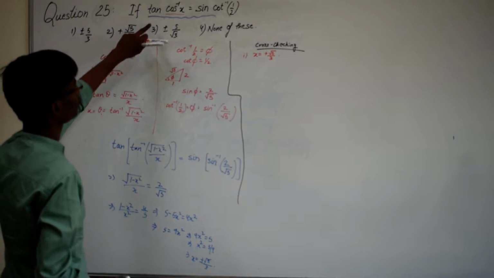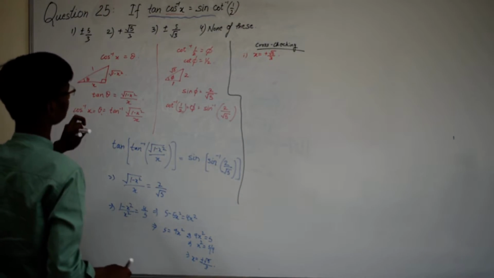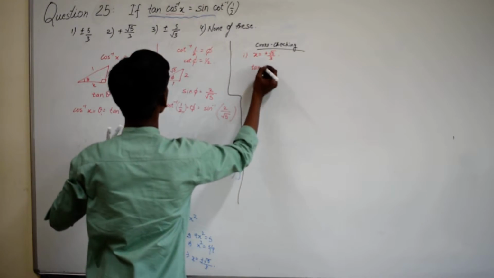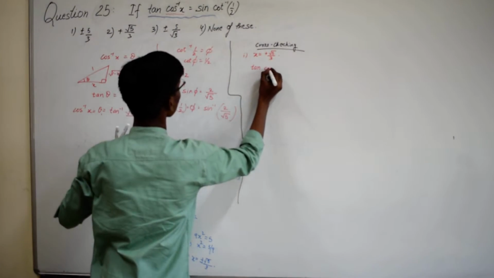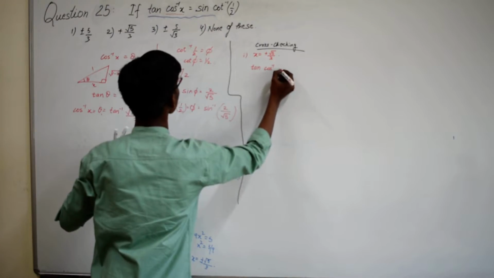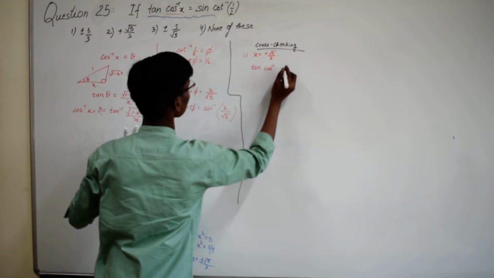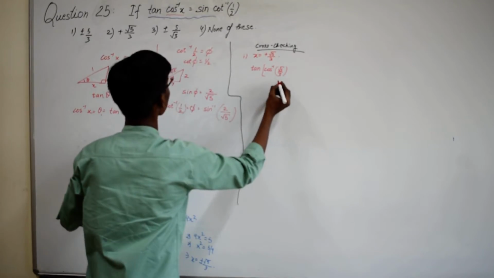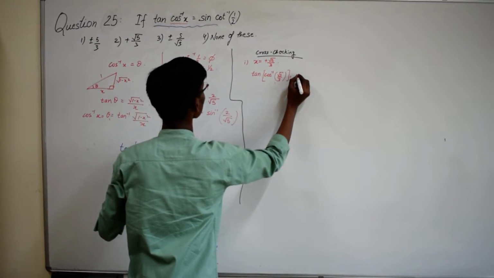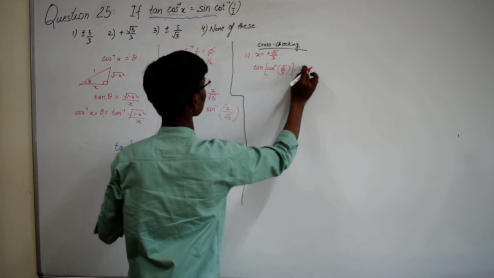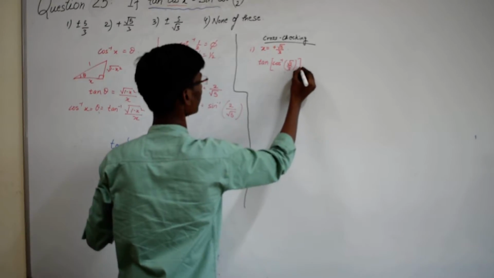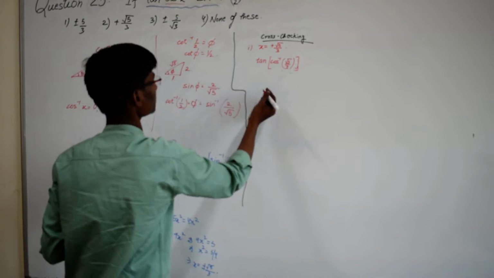On applying this to the equation, we get tan of cos inverse of root 5 by 3 equals sine of cot inverse 1 by 2. First let's find the value of the LHS.